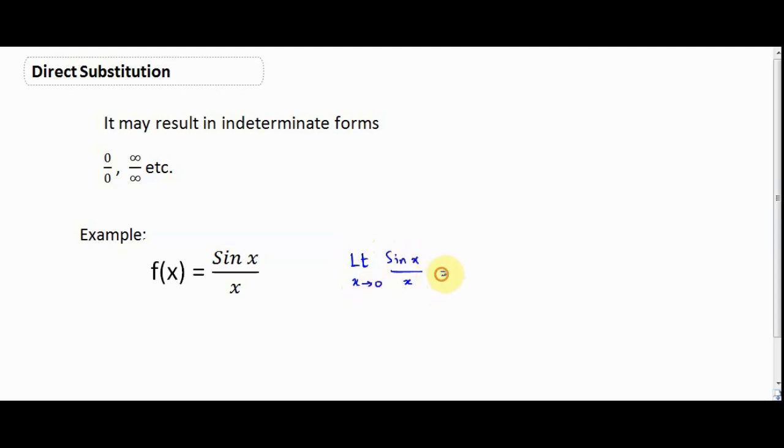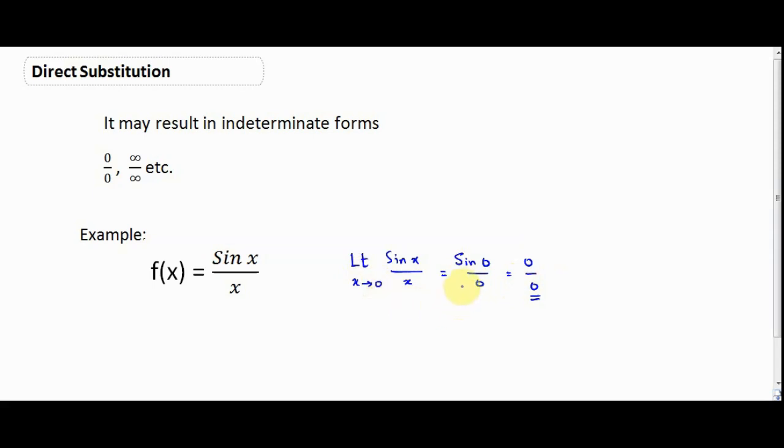Okay, so when you substitute x equal to 0, what we get is sin 0 divided by 0. Okay, so we know that sin 0 is 0, so result is 0 by 0. Okay, so this is an indeterminate form.